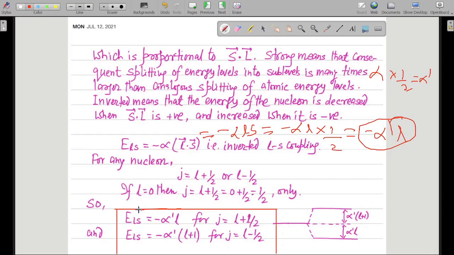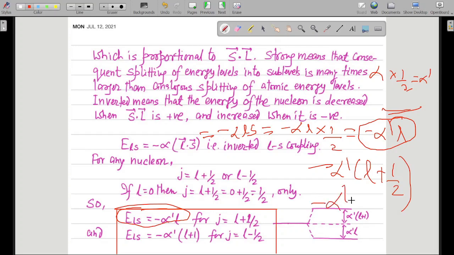So for L plus half, that will be equal to minus alpha dash L, and for L minus half, the value will be L minus half. So when I write alpha dash L plus half, it will be equal to minus alpha dash L plus half alpha dash.